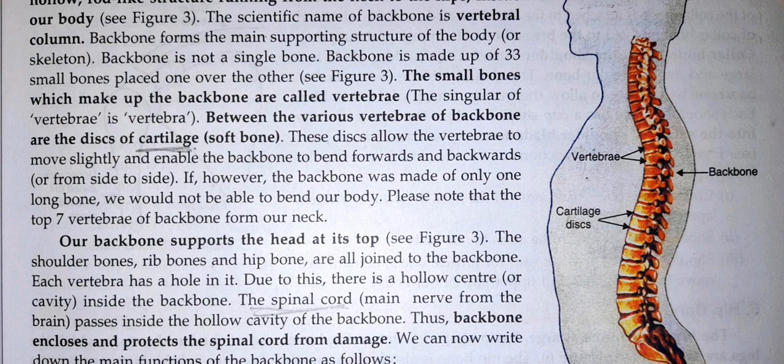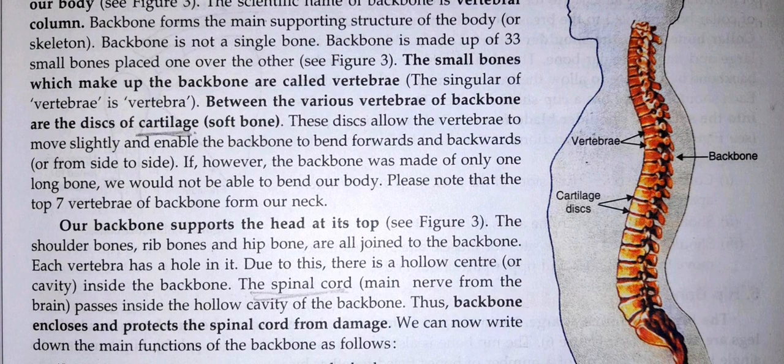Backbone is not a single bone. वो एक बोन से नहीं बना है. Backbone is made up of 33 small bones placed one over the other. The same you had studied in Form 5 also. It is placed one over the other, and you have drawn the figure of the backbone also.